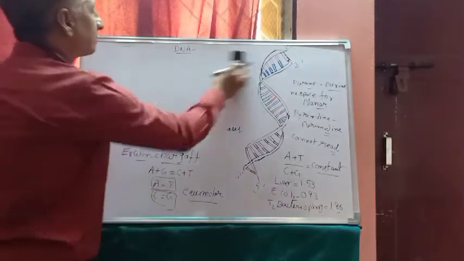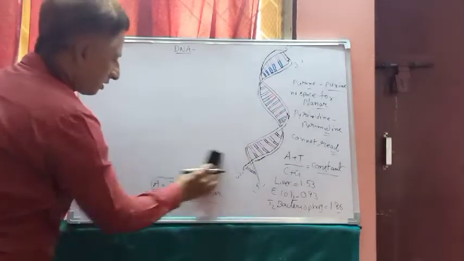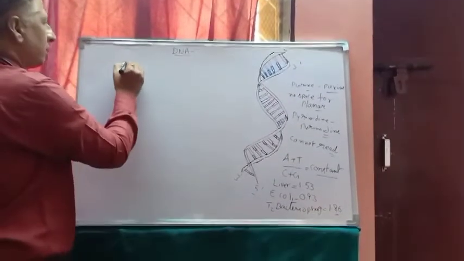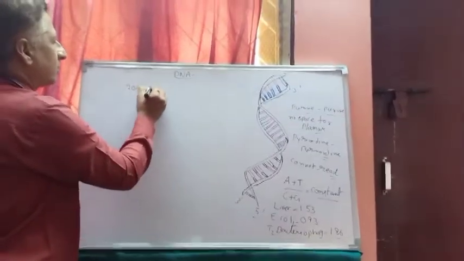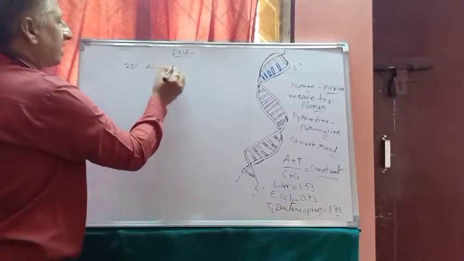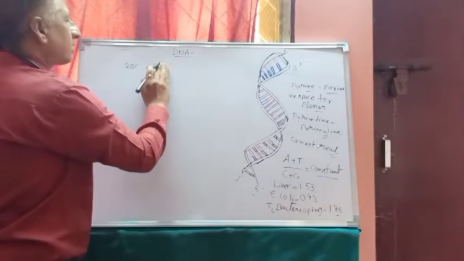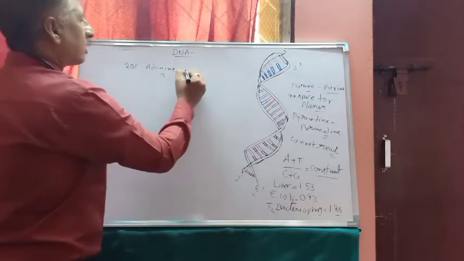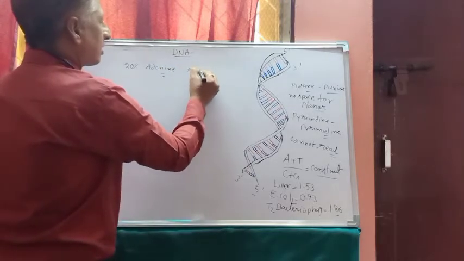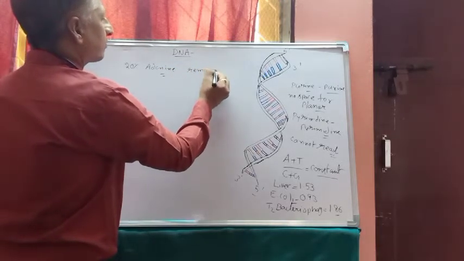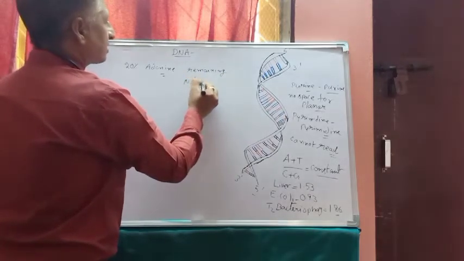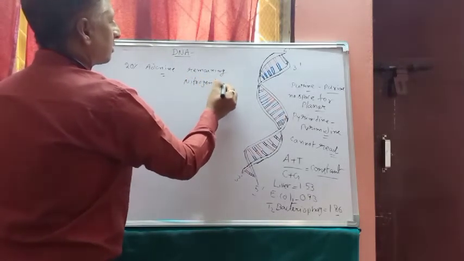Let us say 20% adenine is there. Then the remaining nitrogen bases will be.